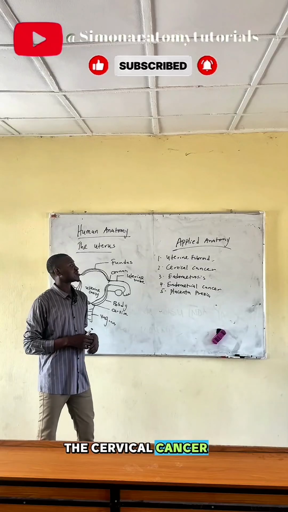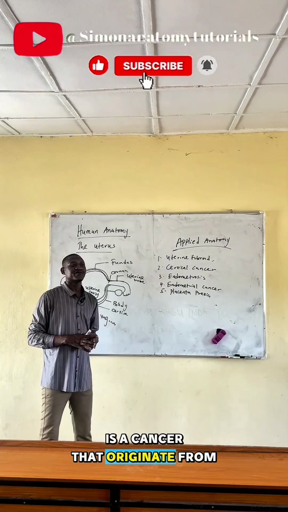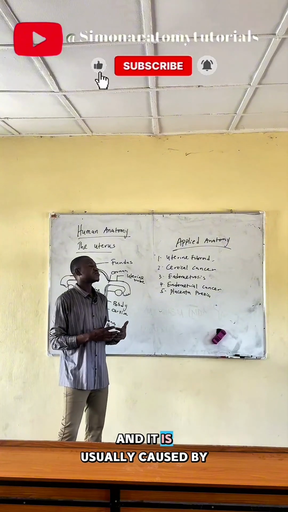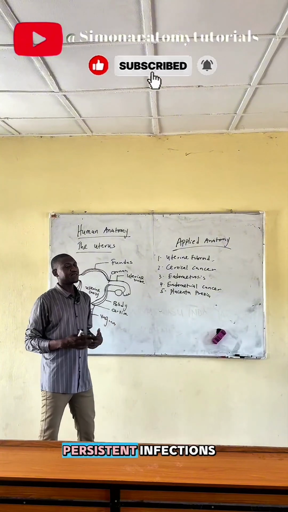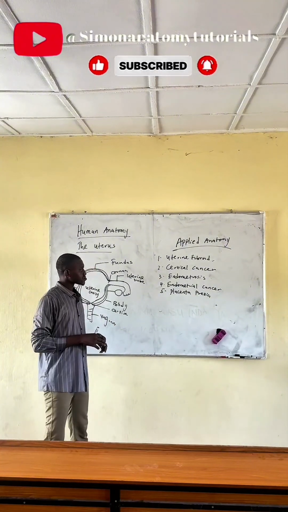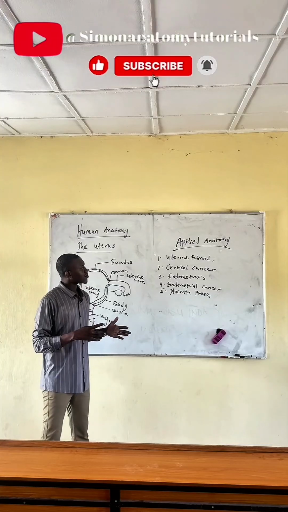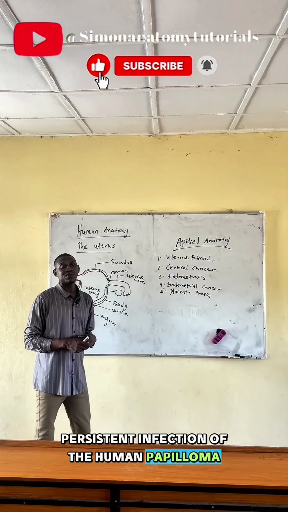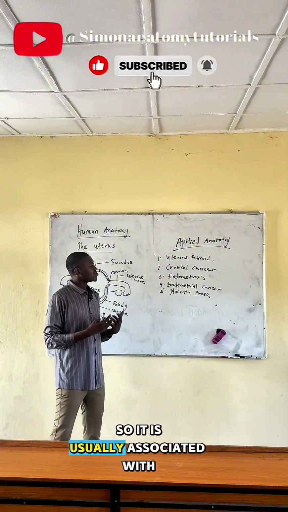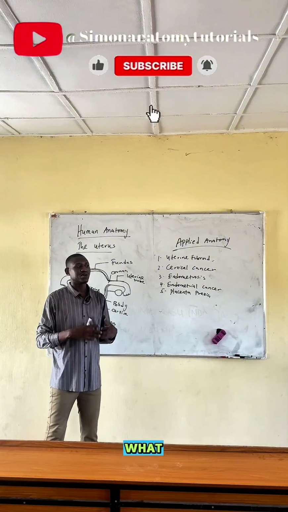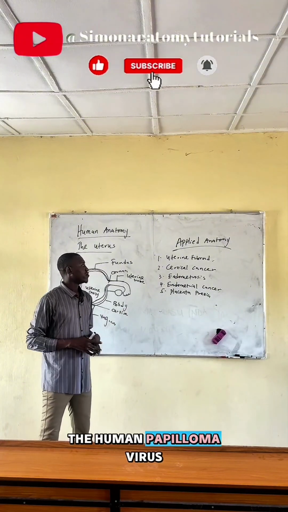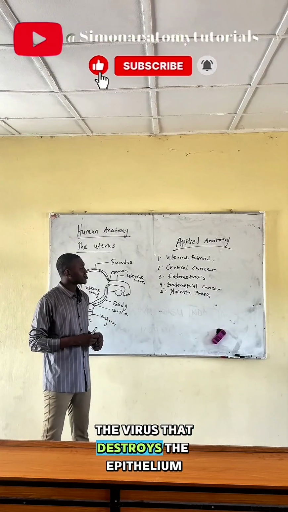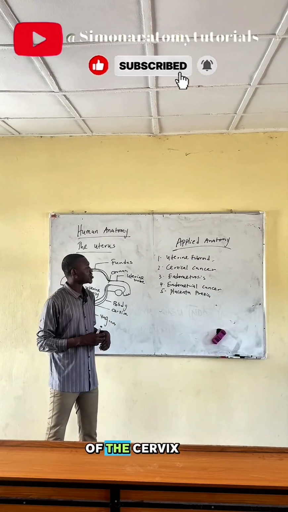While cervical cancer is a cancer that originates from the cervical epithelium of the cervix, and it is usually caused by persistent infection of the human papilloma virus. So it is usually associated with what? The human papilloma virus, a virus that destroys the epithelium of the cervix.